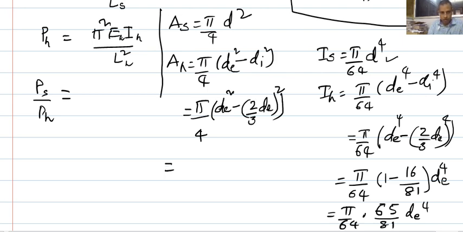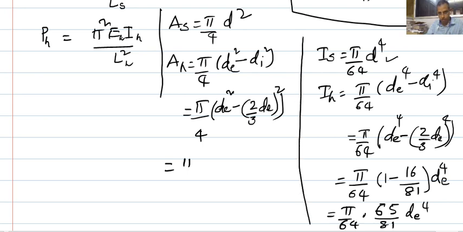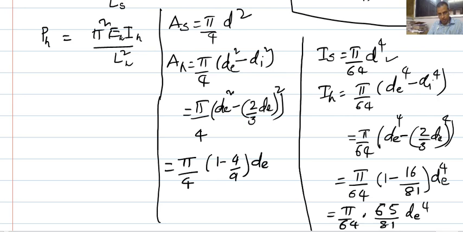So what do I get here? Let us not worry about this part right now. Okay, so how much do I get? And I also want to draw a line here. This is the moment of inertia working out, this is the area working out. Okay, so pi by 4, d e can be common, so 1 minus 4 by 9, d e square.